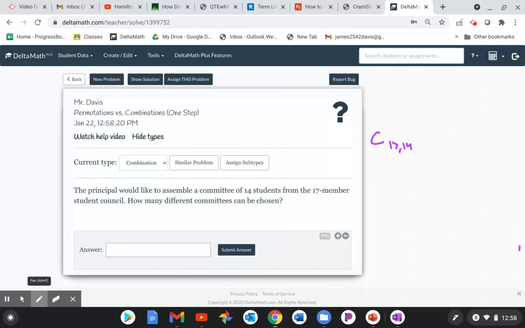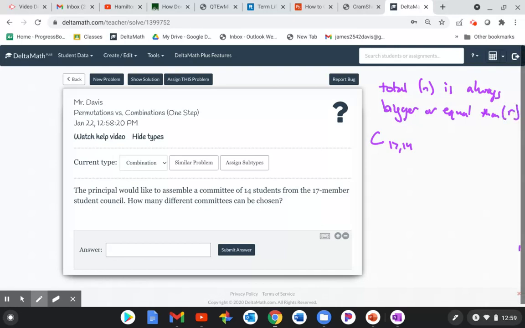Another thing to note is that the total N is always bigger than R. You got to have more than or the same. Okay, just gonna say N is always greater than or equal to R. Always got to have the bigger number first.